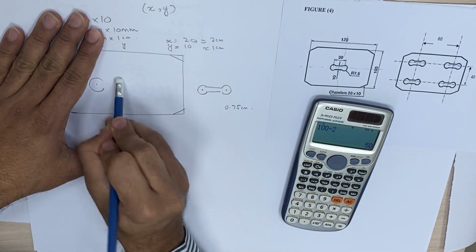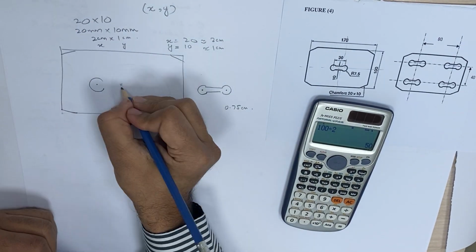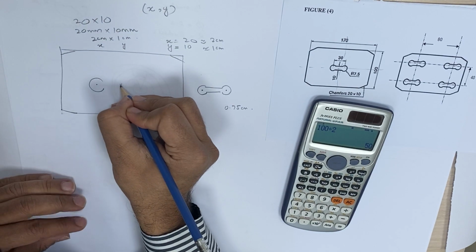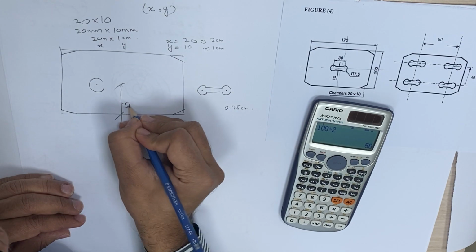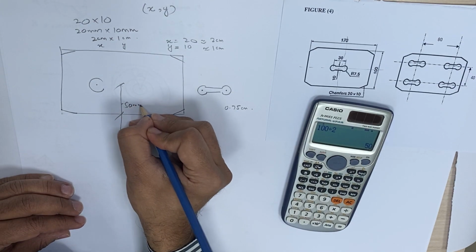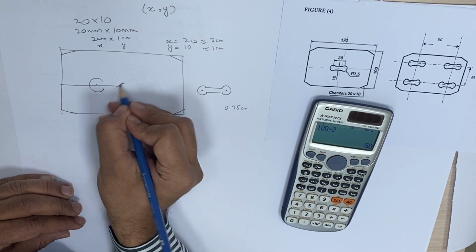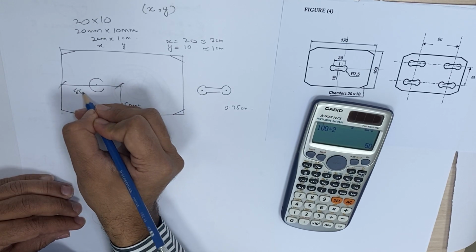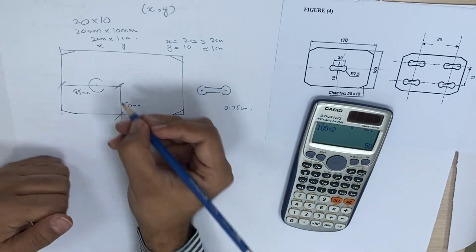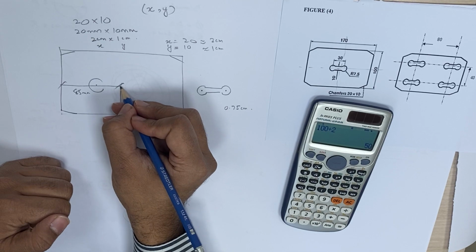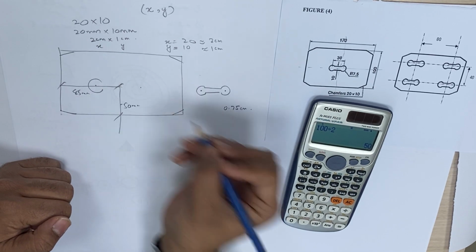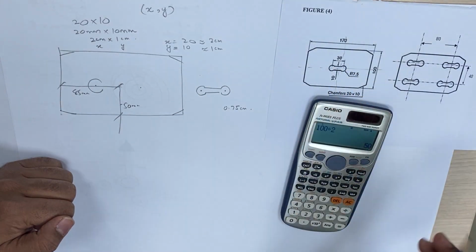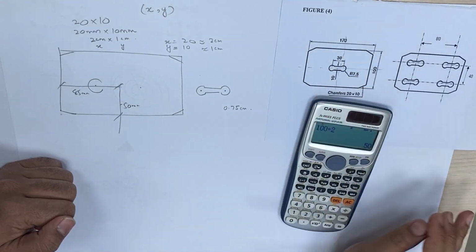Okay. Now you know the point, which is actually 50 millimeter from here and 85 millimeter from here. After getting this point, you can calculate this point and this point, the origin of these circles.